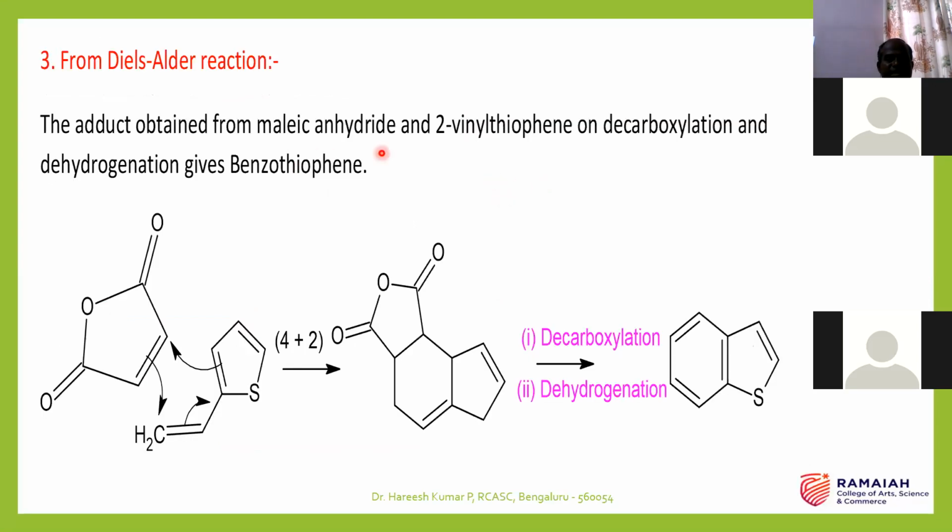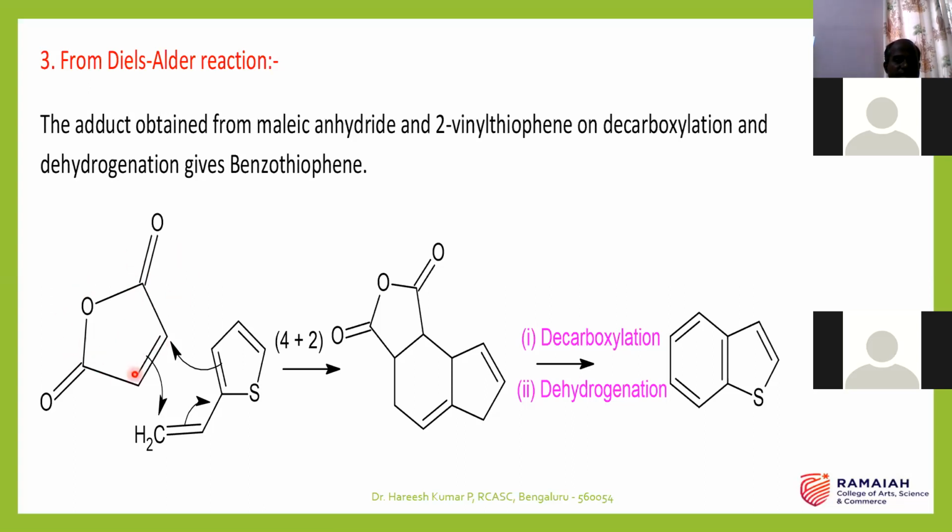Next I am talking about the Diels-Alder method of preparation of benzothiophene. I think you are aware of the 4n plus 2 pi electron cycloaddition; here I am taking a 4 plus 2 pi electron cycloaddition.